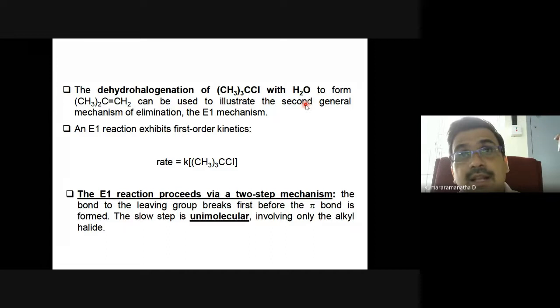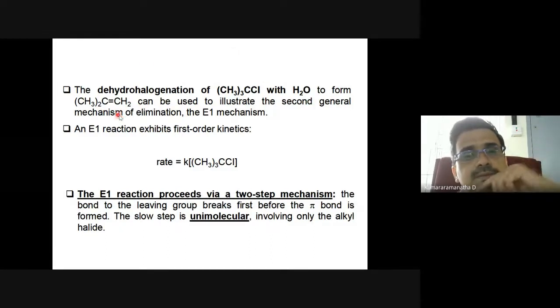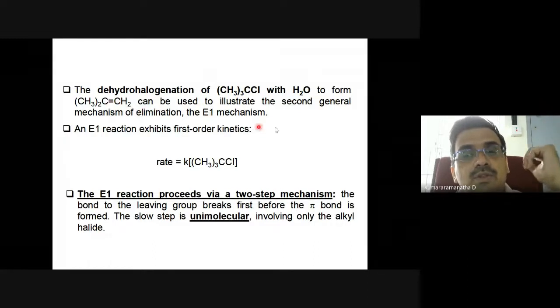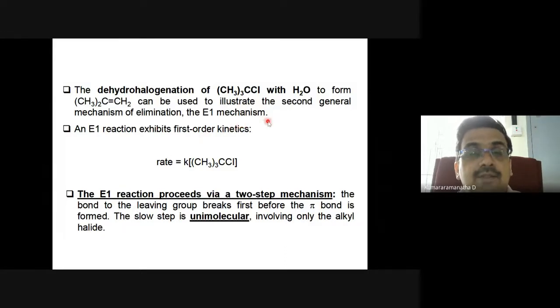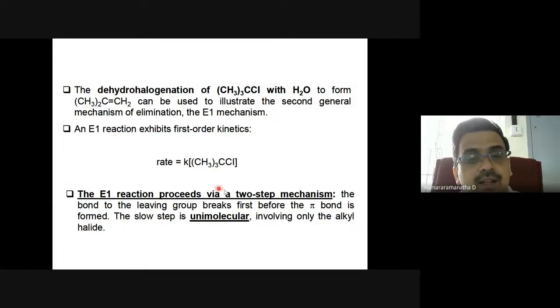So same like the SN1 mechanism, but here you yield the product C double bond CH2 by removing the halogen and one hydrogen. This is generally termed E1. So in the E1 mechanism, similar to the SN1 mechanism, you see the rate is dependent on the substrate alone.